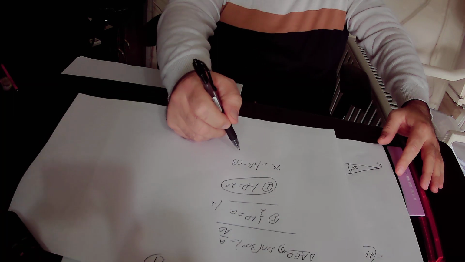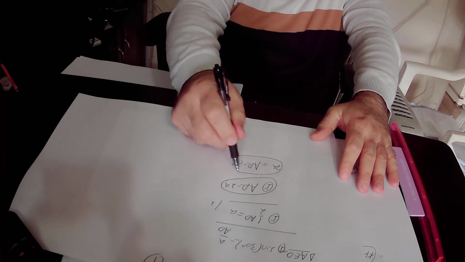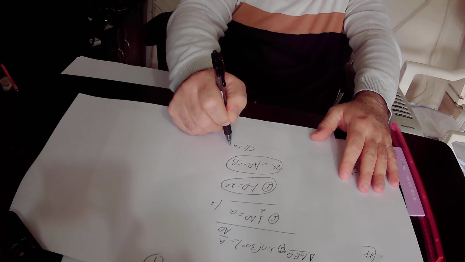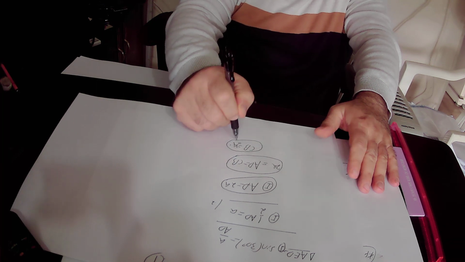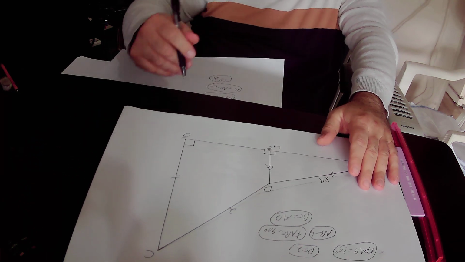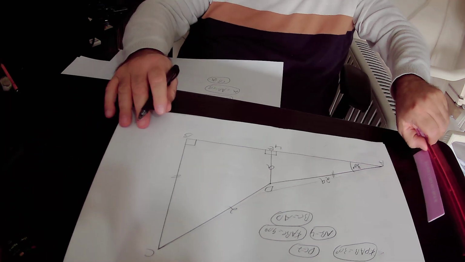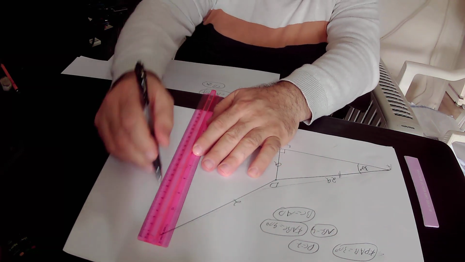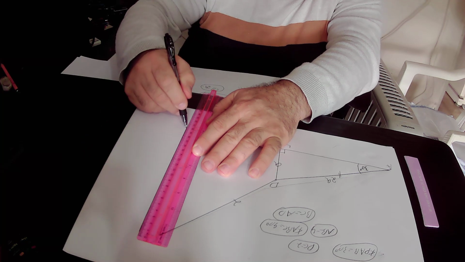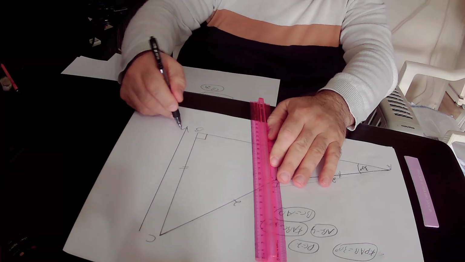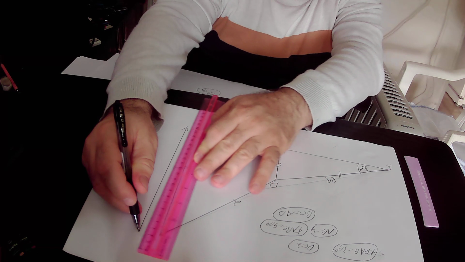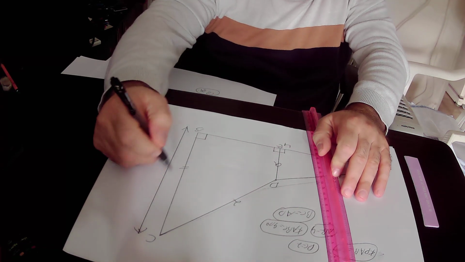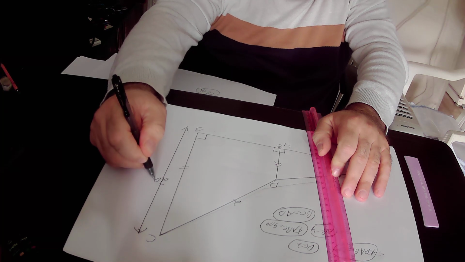From this equation, we conclude that CB also equals 2A. CB equals 2A. Okay.